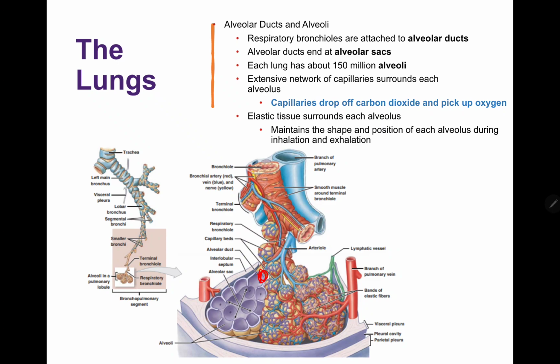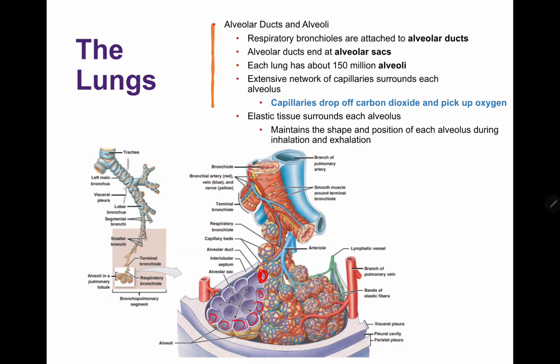Okay, so each lung is going to have about 150 million of these alveoli. And they have an extensive network of capillaries that's going to surround each alveolus. And it's because of this that this is where we have that gas exchange.